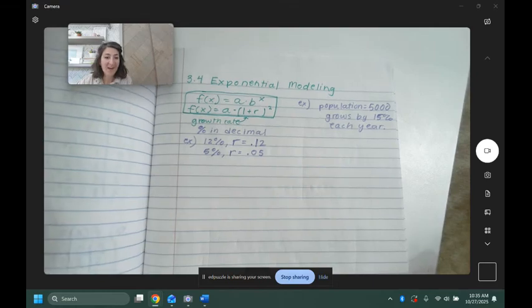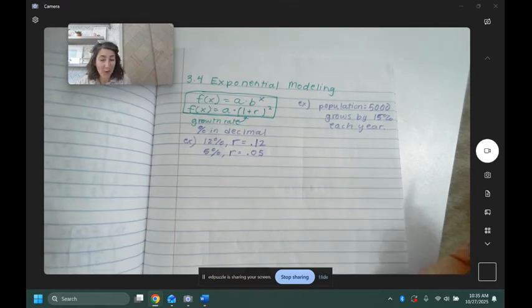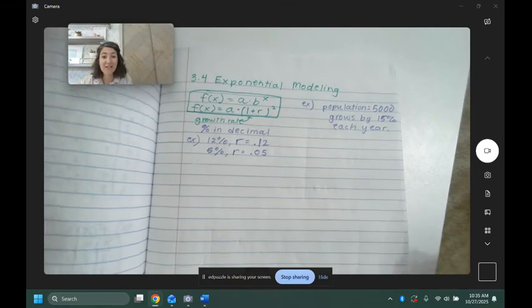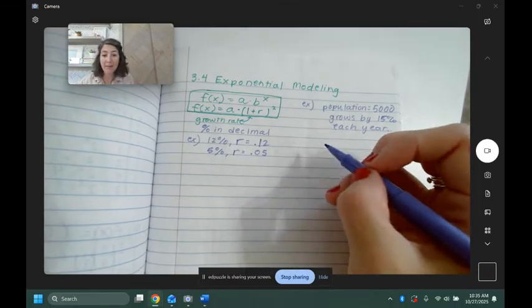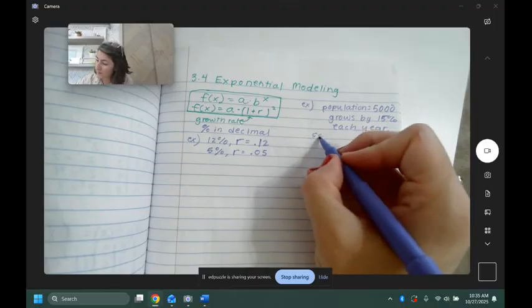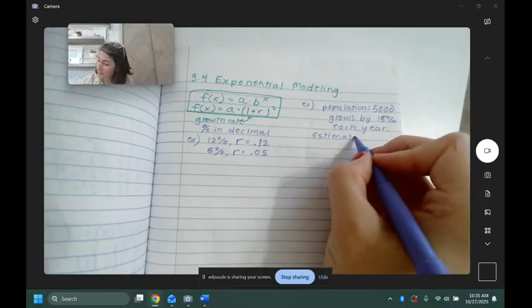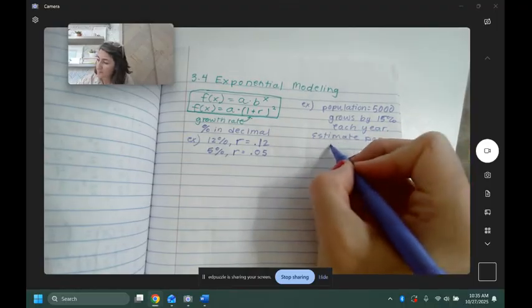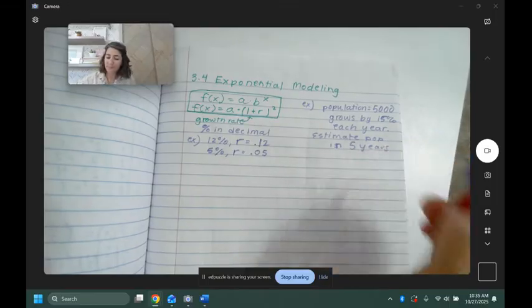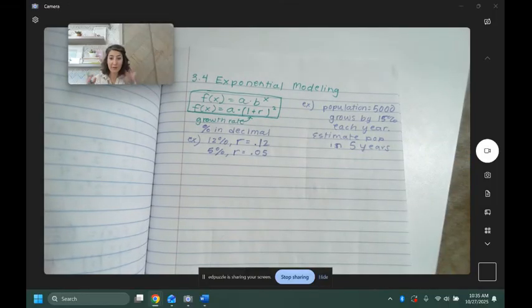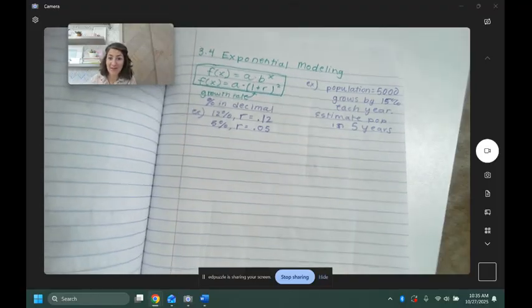So I want you to write an equation for this city's growth rate and then estimate the population in 5 years.